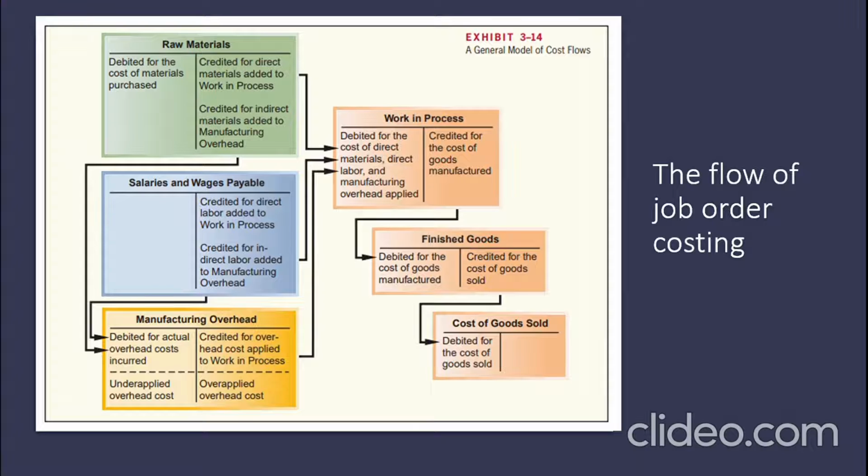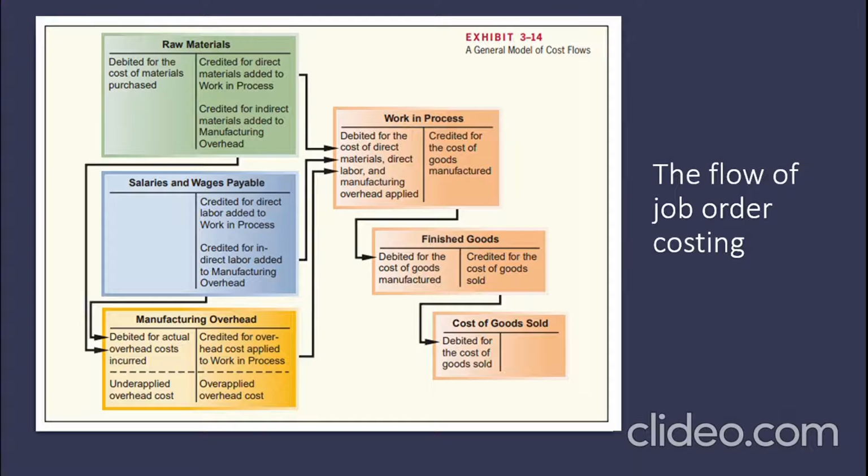The manufacturing overhead control account. The manufacturing overhead is a temporary control account. Actual overhead costs are recorded on the debit side of the manufacturing overhead control account. Overhead costs applied to work in process using predetermined rates are recorded on the credit side of the account.